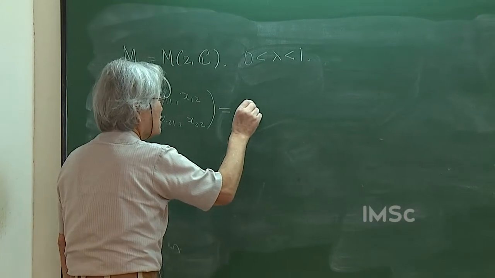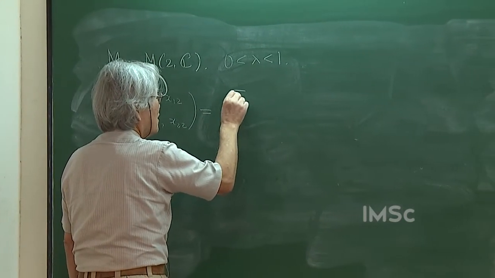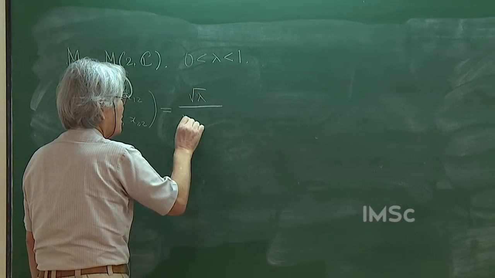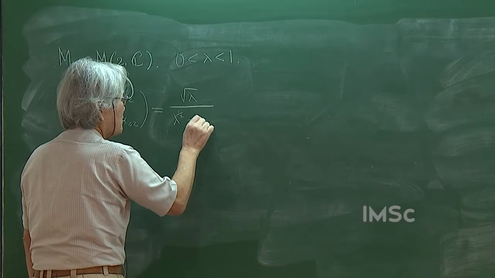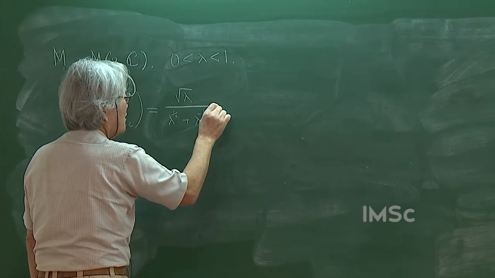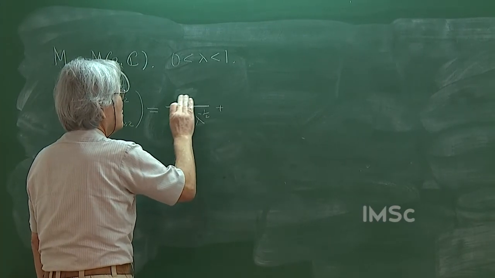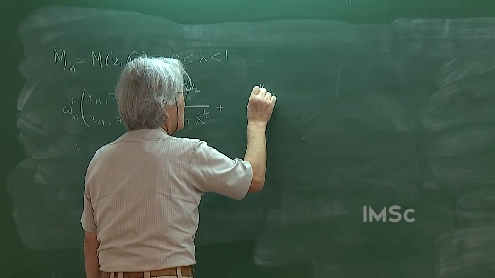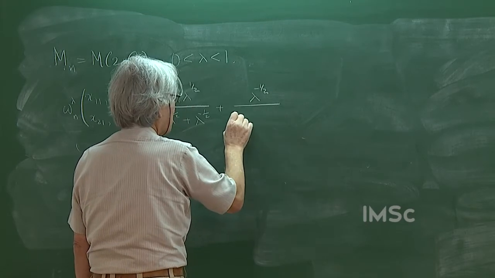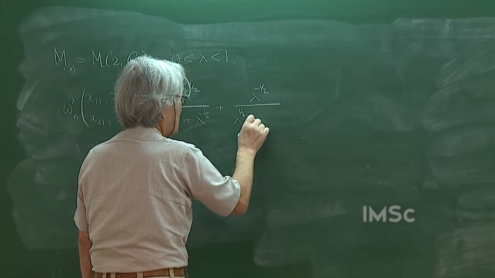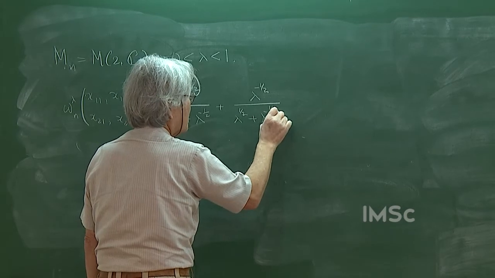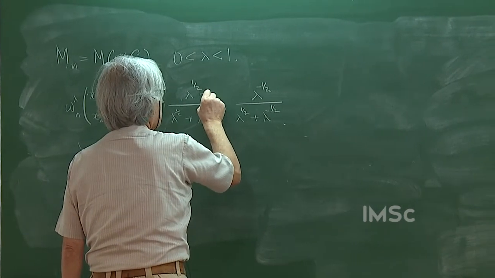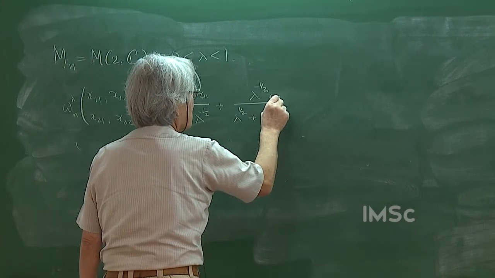We take lambda^(1/2) over lambda^(1/2) plus lambda^(-1/2), and lambda^(-1/2) over lambda^(1/2) plus lambda^(-1/2), for x11 and x22.